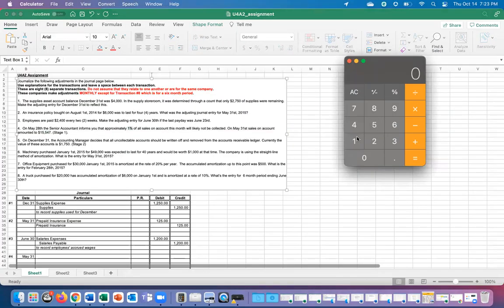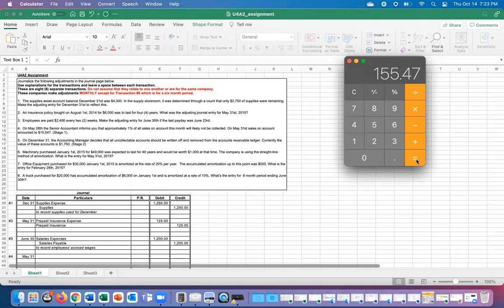We've got our total sales, 15,547, and we're just going to multiply that by 1%, which is 0.01. And that's going to give us the amount of our sales that we just don't think we're going to collect. So $155.47.